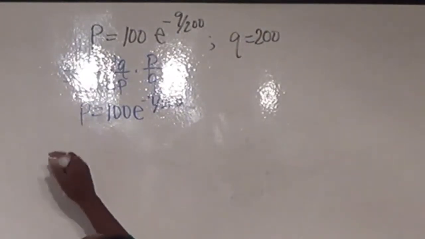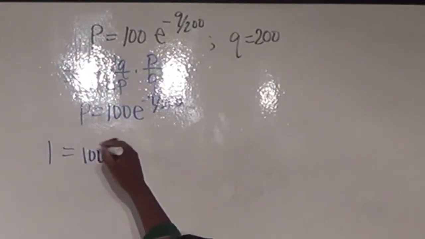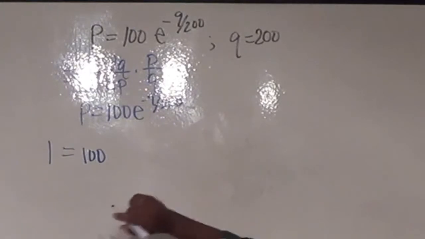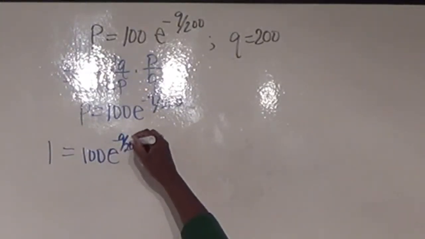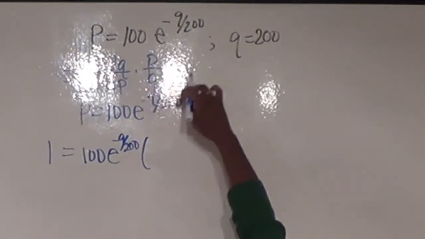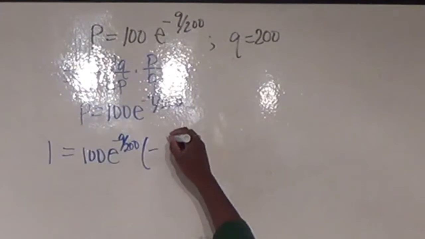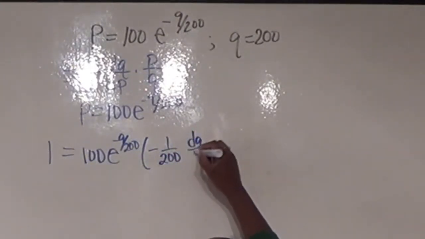Here again, the derivative of P is just 1. We can pull the 100 out front. The derivative of e to the negative Q over 200 is e to the negative Q over 200 times the derivative of the exponent, which is negative 1 over 200, dQ/dP.